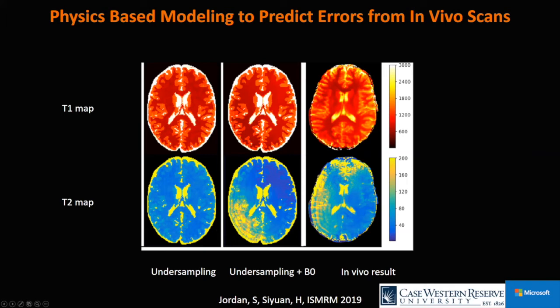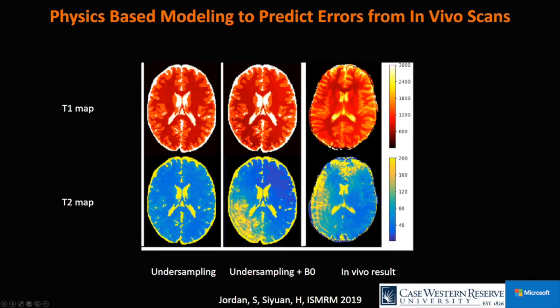Here are the T1, T2 maps derived from the model incorporating undersampling and B0 inhomogeneities. These two scans have the same scan time, but clearly there are more artifacts shown in the more comprehensive model.